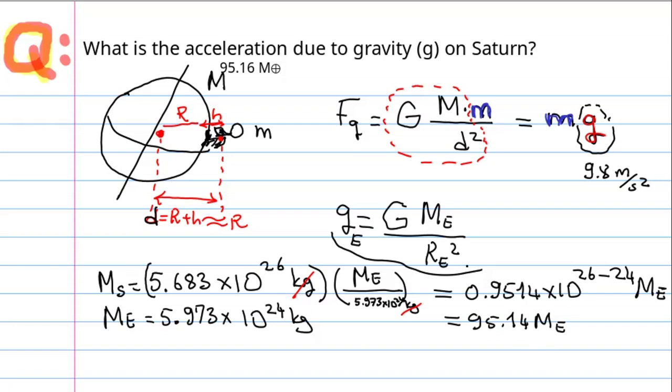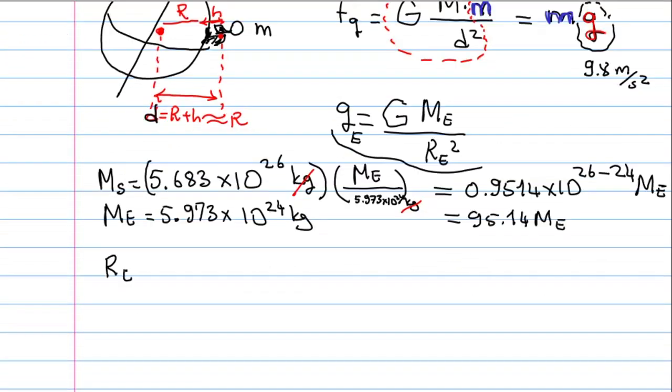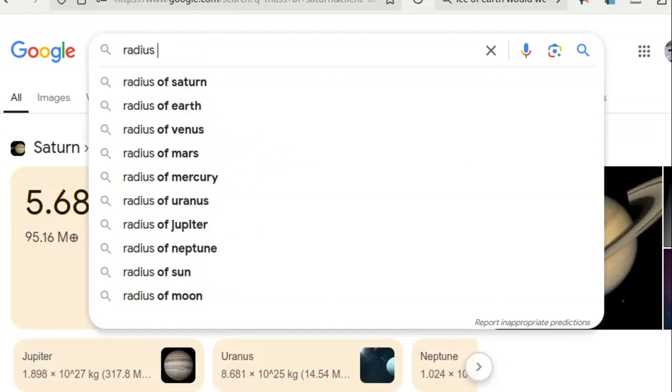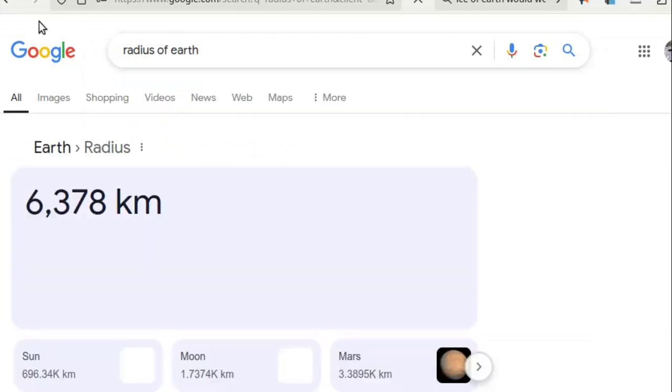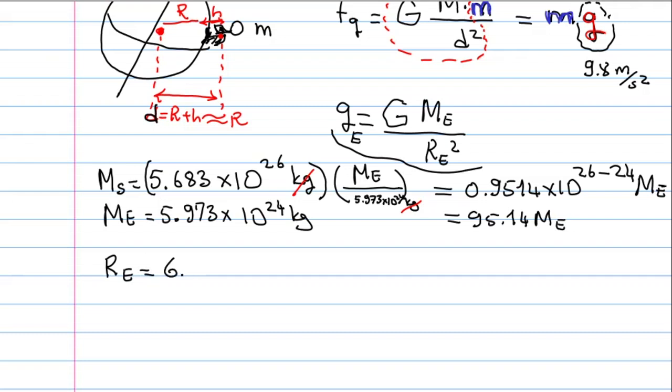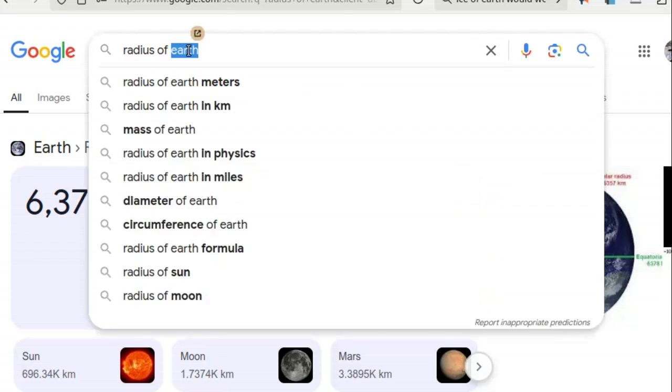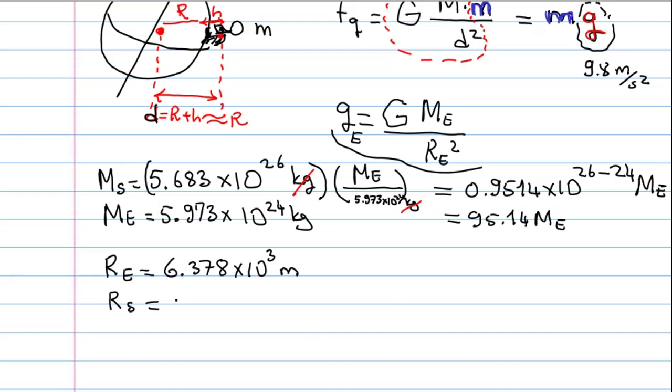Now how about the radius? RE and RS. Radius of Earth is 6.378 times 10 to the 3 meters. How about the radius of Saturn? Radius of Saturn is 5.823 times 10 to the 4 meters.